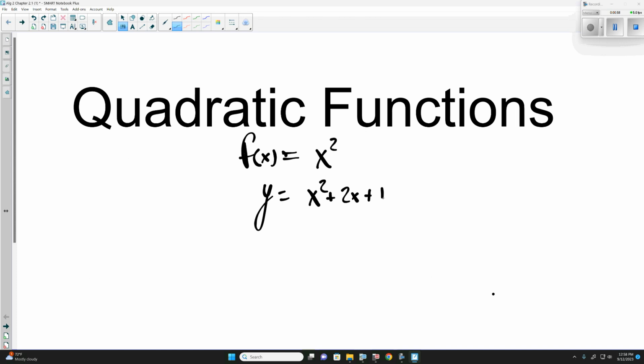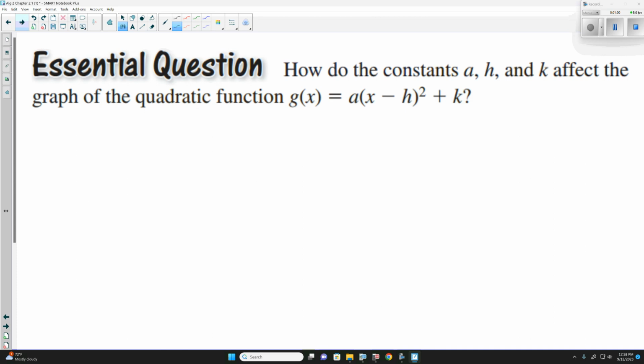Now, what we're looking at today are transformations. We've done transformations before. This is moving it up, down, left, right, stretch, shrink, and our reflections. Whenever we have a number or a term in the a spot, this a is doing two things.